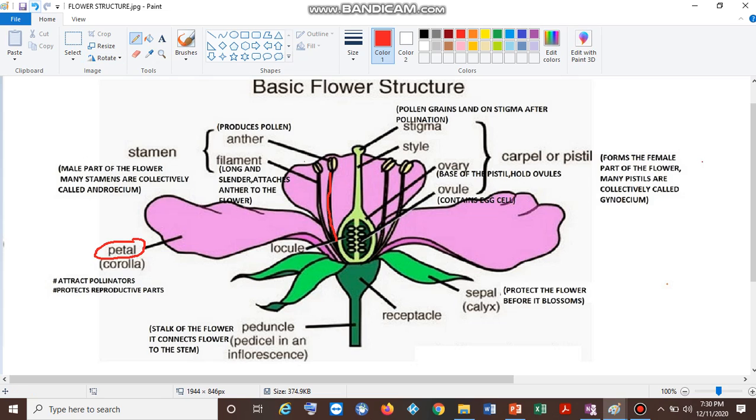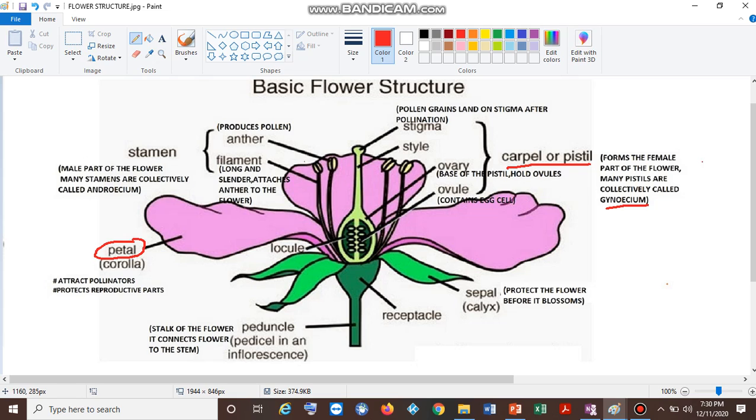Now let's come to the next part, that is the female reproductive part of the plant. This is called carpel or pistil. Individually it is called carpel or pistil, and collectively a group of carpels or pistils is called gynoecium. So don't get confused. When it is individual, it is known as carpel or pistil, and a collection of this thing is called gynoecium.